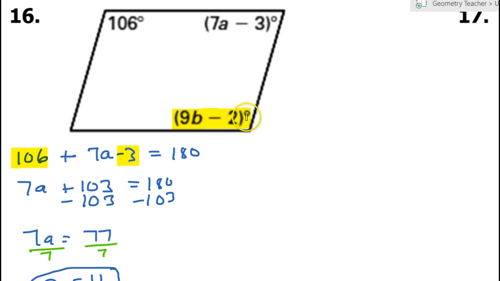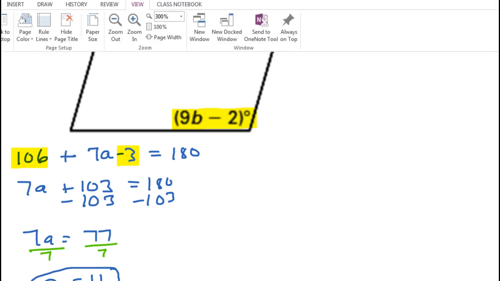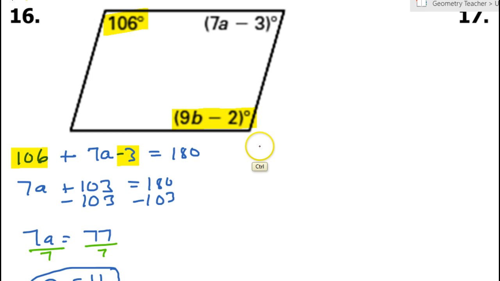So this time I can use the fact that opposite angles are congruent. So that means that the 9b minus 2 must equal 106. Okay, so I can go ahead and add 2 to both sides.